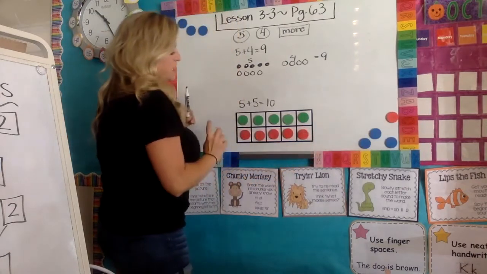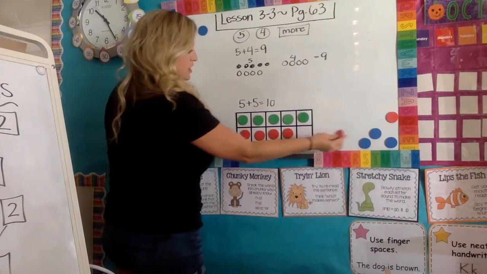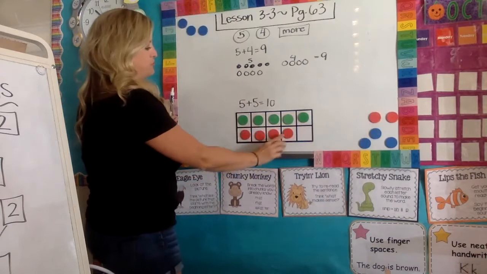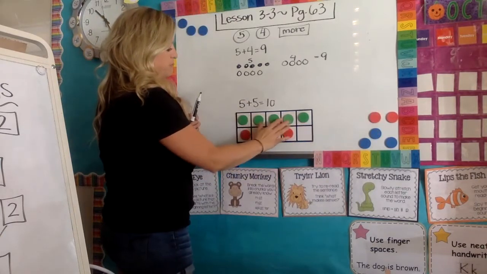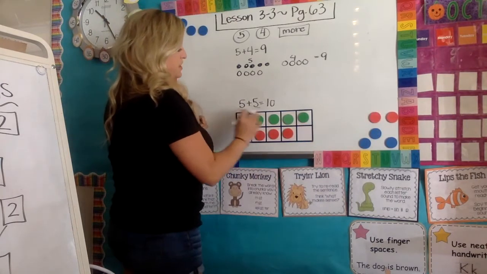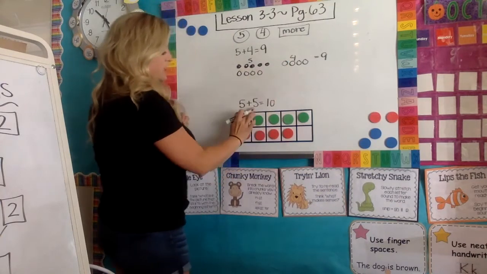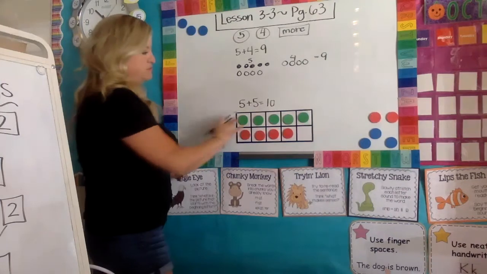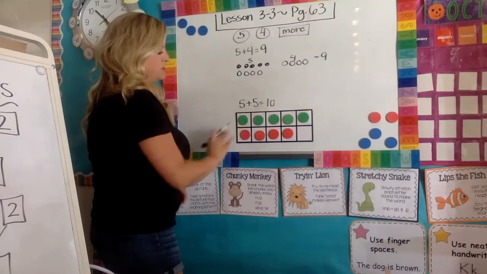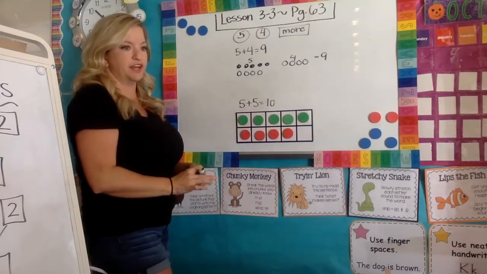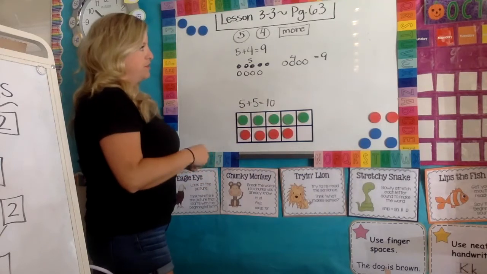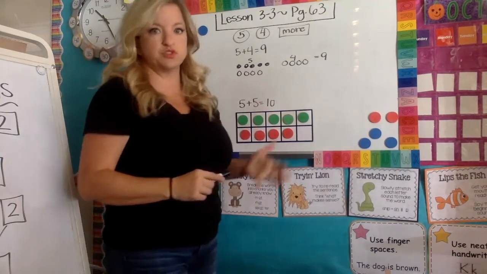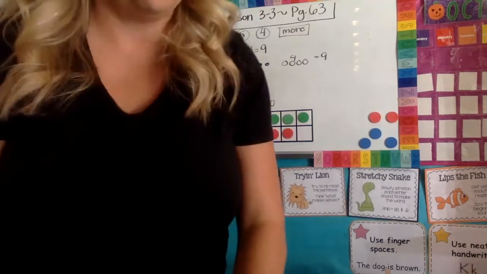If I take away 1, now I have 5 plus 4. And I know that 5 plus 4 is 9. It's 1 less than 5 plus 5. 5 plus 5 equals 10. 5 plus 4 equals 9. Okay? So those are 2 different ways of solving it.